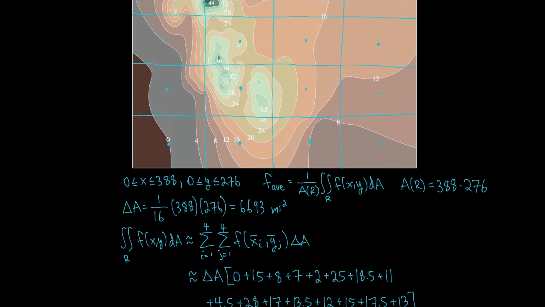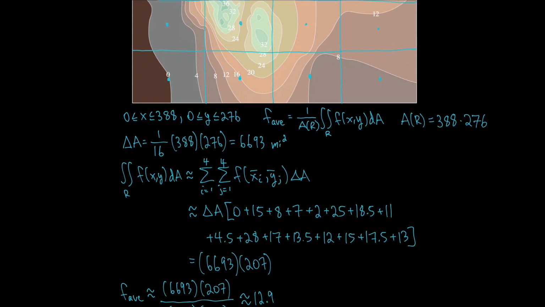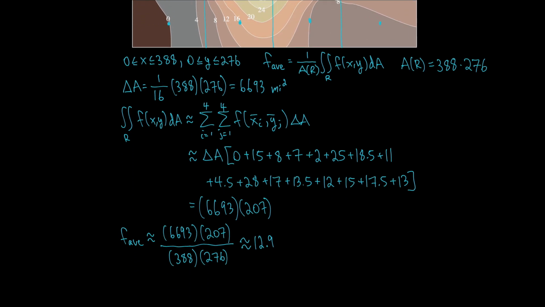So we could say that the average snowfall for the entire state of Colorado in those days was about 13 inches.